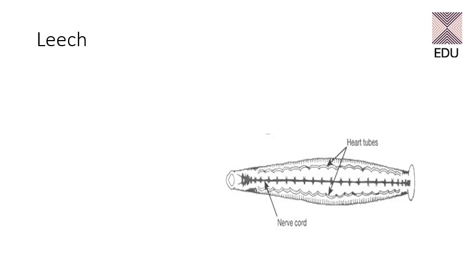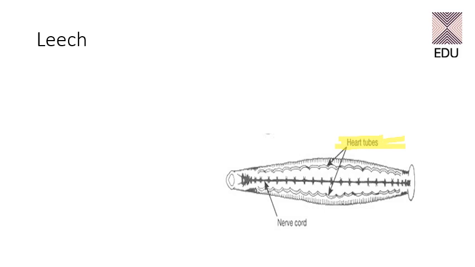Now next we are taking the example of the leech. In the leech, instead of a dorsal vessel, there are 2 lateral vessels which contract alternately. This is the diagram, and here you can see the heart tubes.